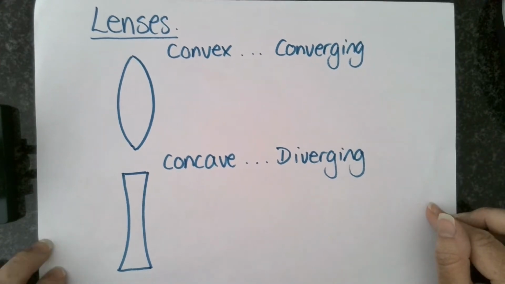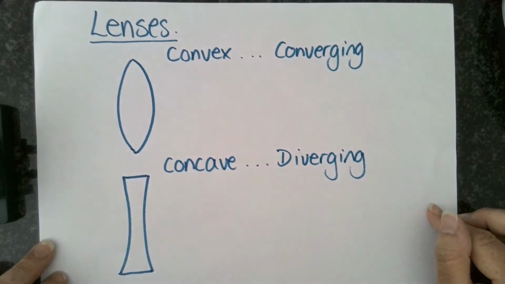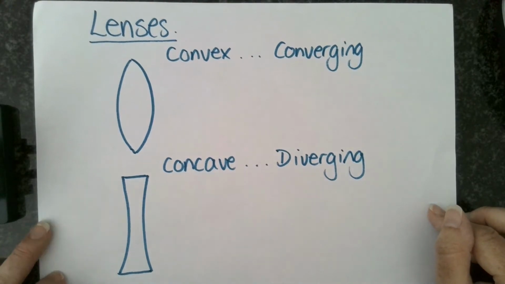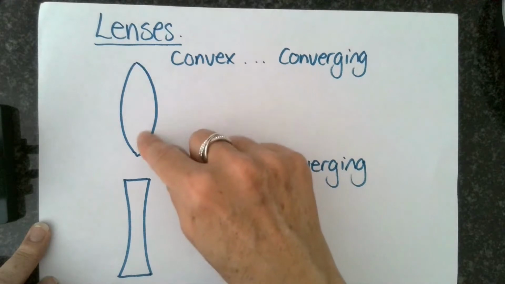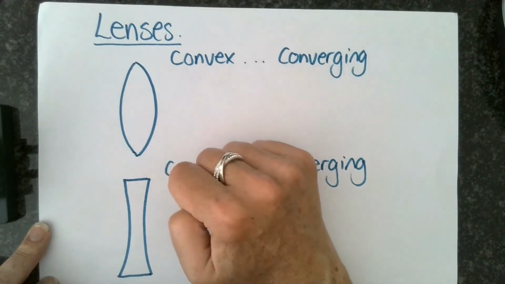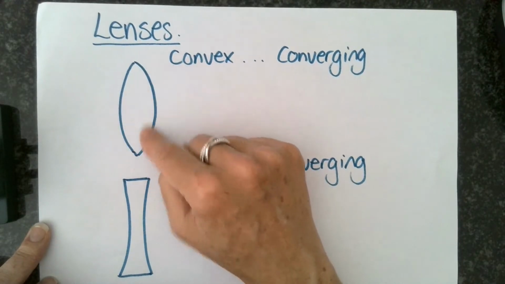And that's how lenses work, and all we do is change either the material within the lens, so we change something called its refractive index, which isn't something you need to know for GCSE and you'll do at A-level physics, but it's basically telling us how much that light is bent or changed direction when it travels through that material. And we also do it by changing the surface of the lens and its surface shape.